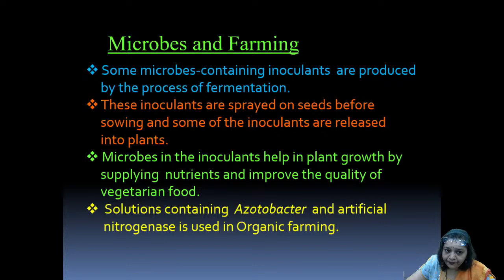Do you remember? We have learned in lower classes that rhizobium is a symbiotic bacteria that lives in the root nodules of the leguminous plants. Okay, that is all the pea pods, pea producing plants. They are called legumes, right?